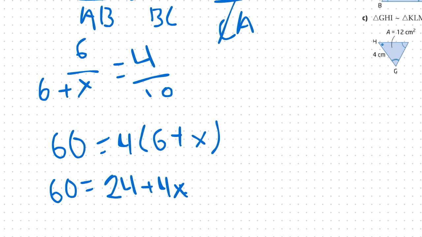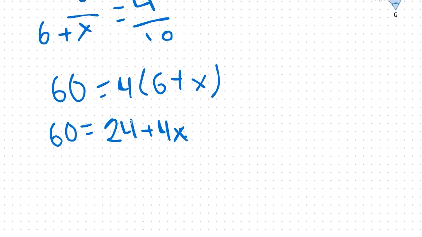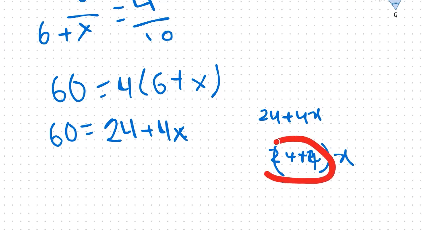Do I add them, the 24 and the 4? No, this 4 is already busy with x. There is a difference between 24 plus 4x and 24 plus 4 into x. In this case, 24 is associated with 4, so this would be 28x.